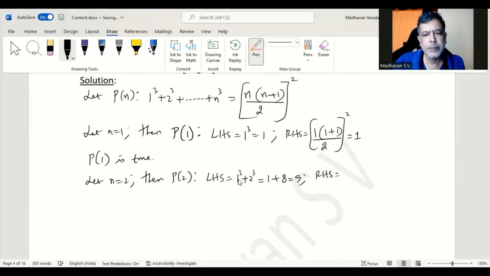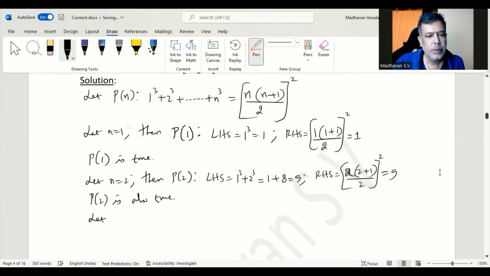RHS will be 2 into 2 plus 1 by 2, the whole square, which is 3 square, that is 9. So we can conclude that P of 2 is also true.